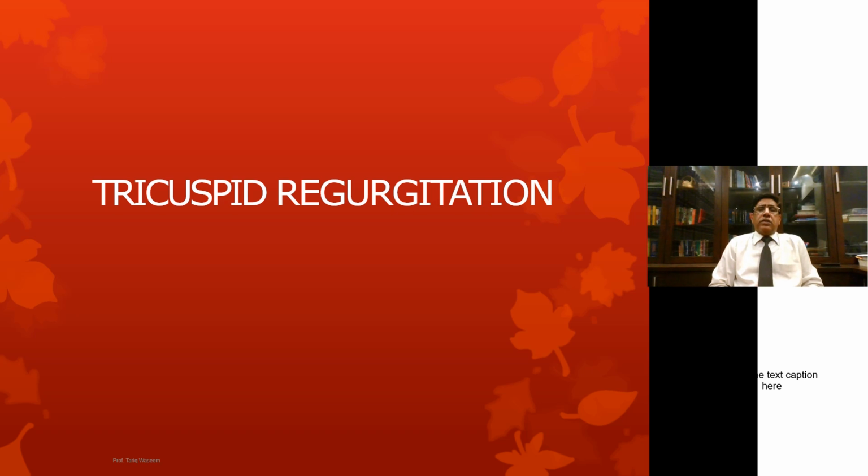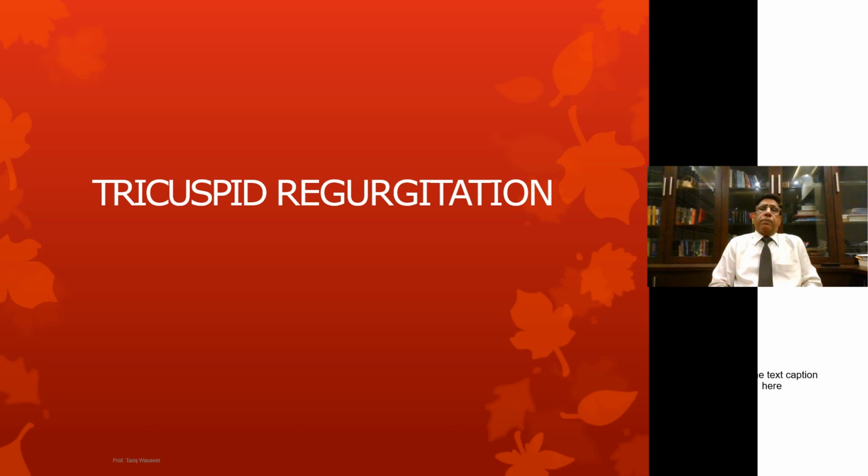Tricuspid regurgitation is relatively more commonly seen. Why more commonly? It's mostly because of the pulmonary hypertension leading on to a back pressure effect onto the right ventricle, and this right ventricular back pressure then leads on to dilatation of the right ventricle.